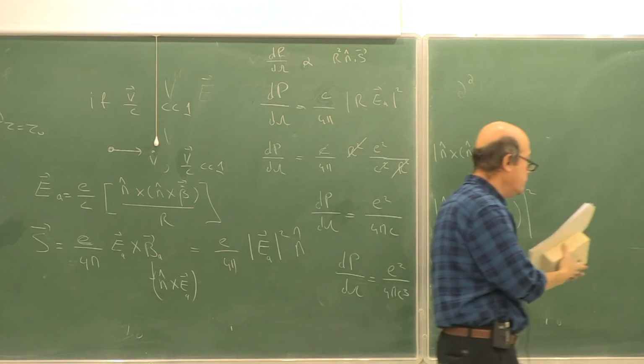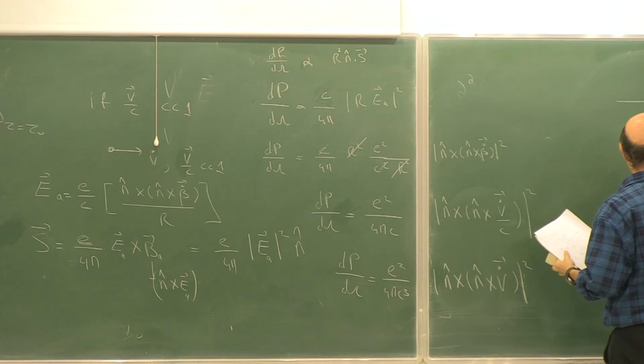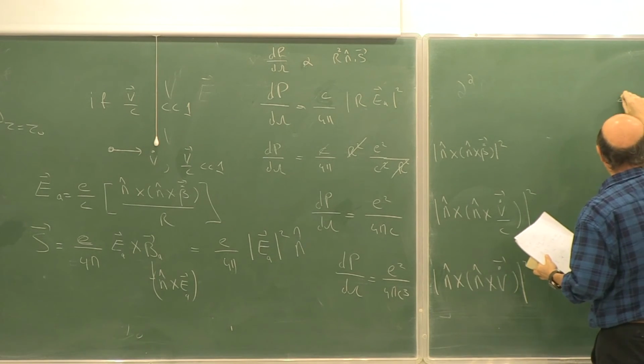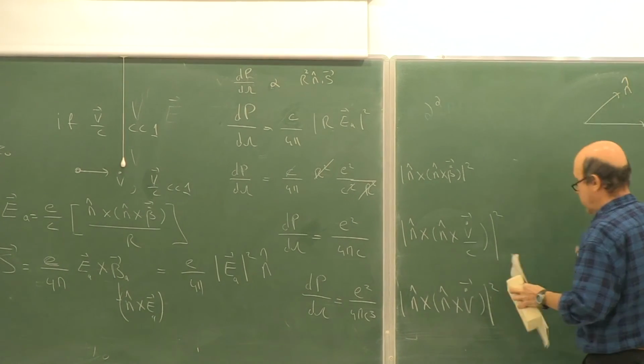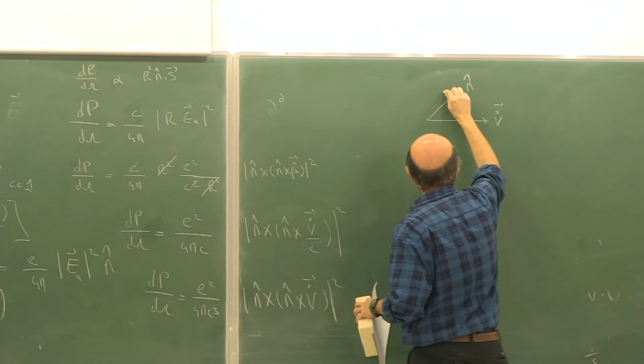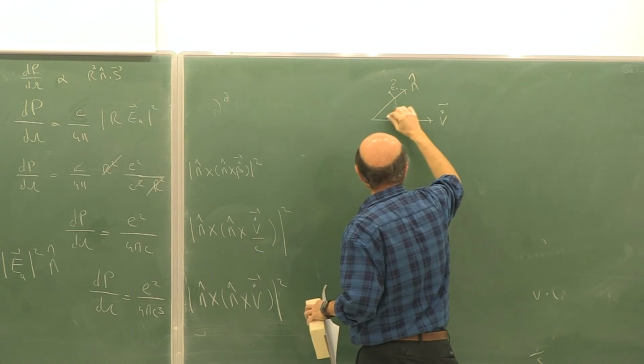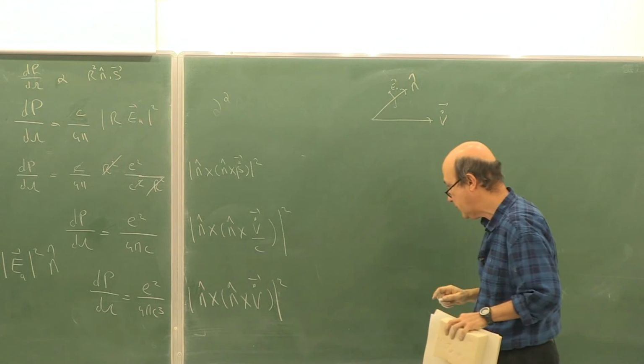So basically the situation is the following. The charge is accelerating, and that is the point we are looking at the radiation. The accelerated fields are perpendicular to the propagation direction.